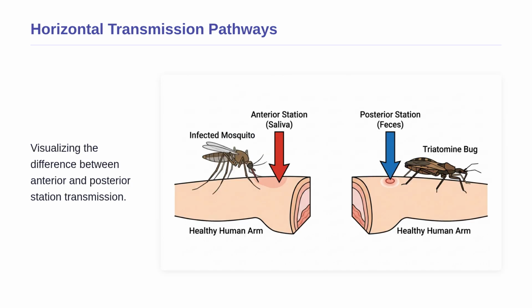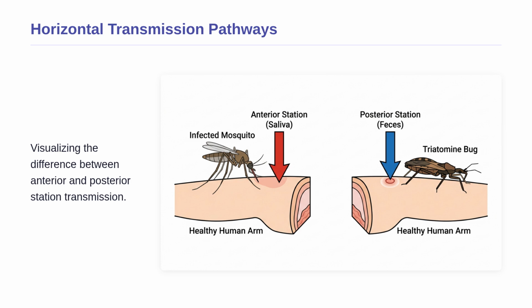To make these pathways perfectly clear, let us look at this diagram illustrating both mechanisms side by side. On the left, you see an infected mosquito landing on a healthy human arm. The red arrow indicates the anterior station pathway, where the pathogen is injected directly through the saliva as the mosquito feeds.